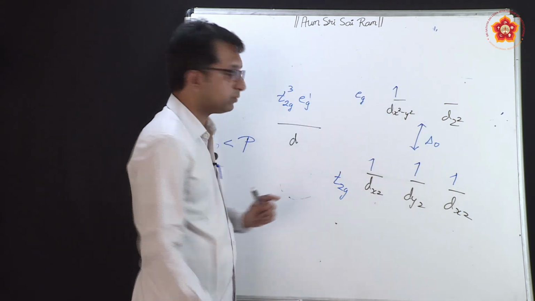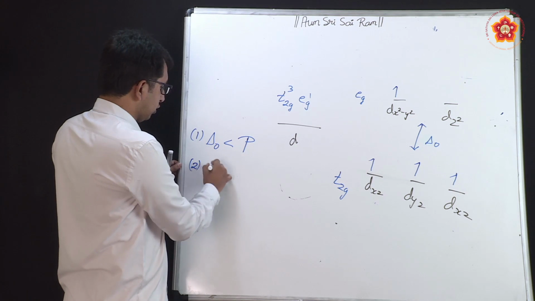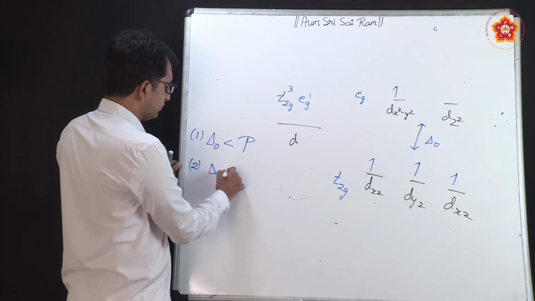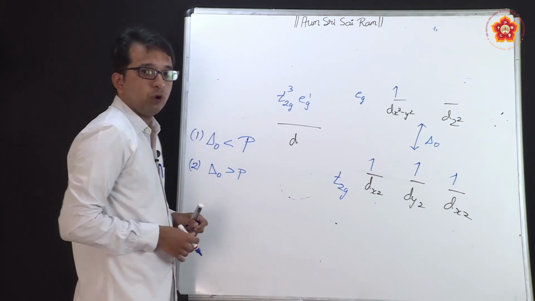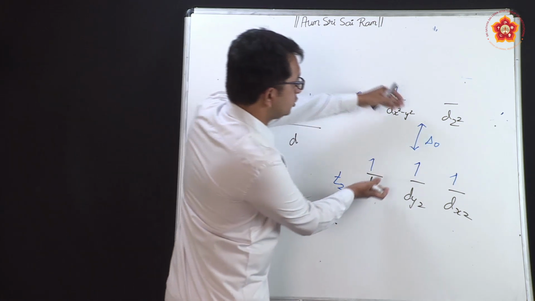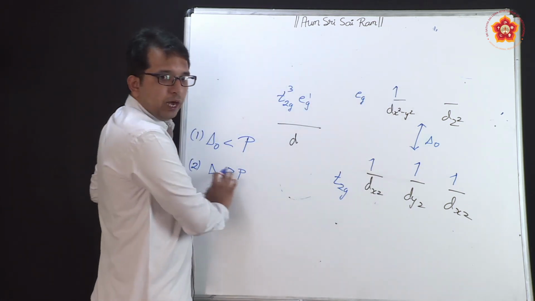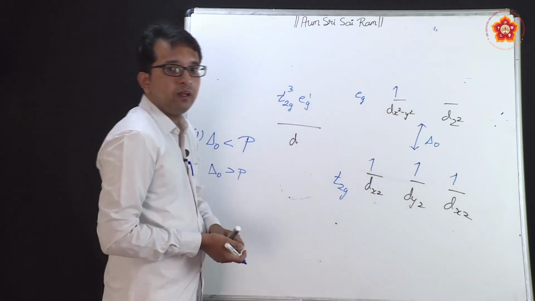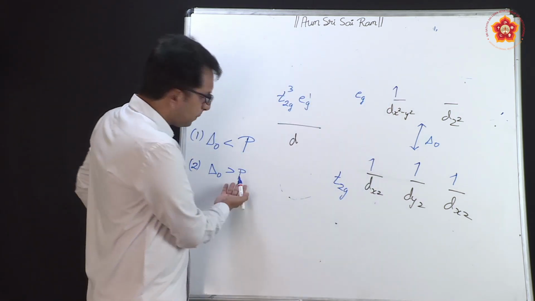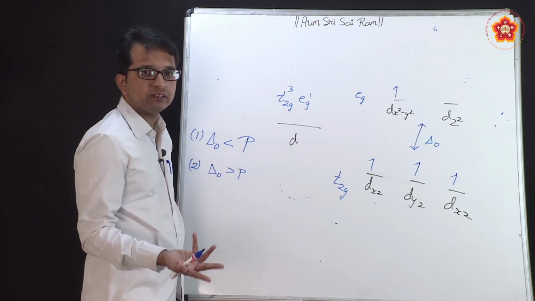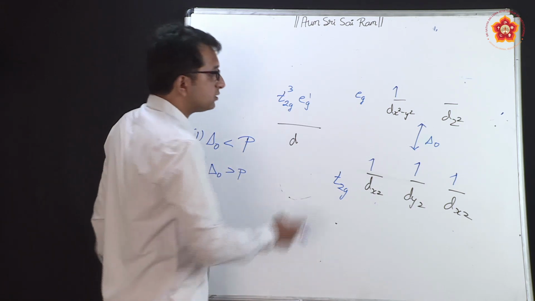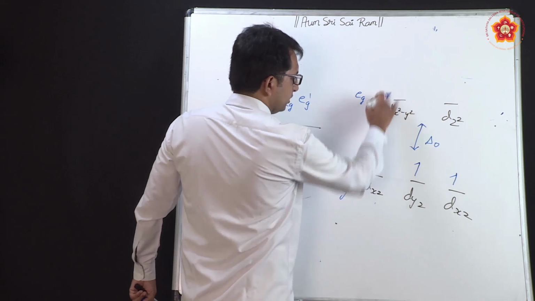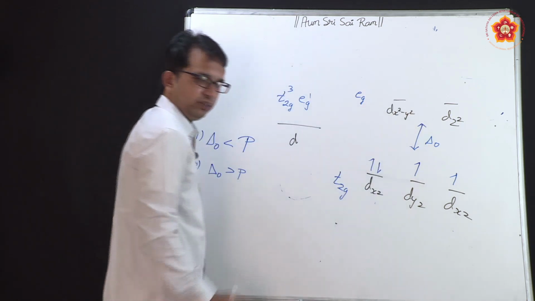This is one case. Suppose in the second case, delta naught is actually greater than P. What does this mean? The pairing energy is pretty less, and this delta naught, which is the difference between these two, is very high. Then it means that it rather prefers pairing because the energy required is less. And in that case, the fourth electron, instead of going here, will rather try to pair here first.